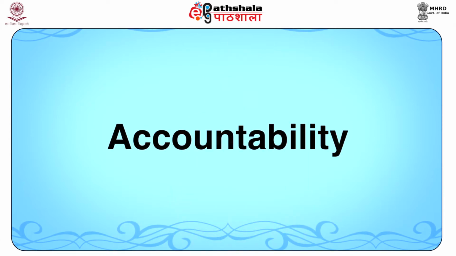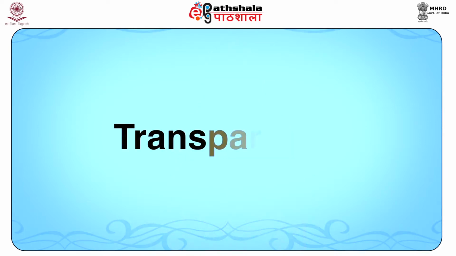These principles are: first is accountability. According to this principle, every business organization is accountable for all the impact made by its actions and decisions on society, environment, and economy at large. Second principle is transparency.